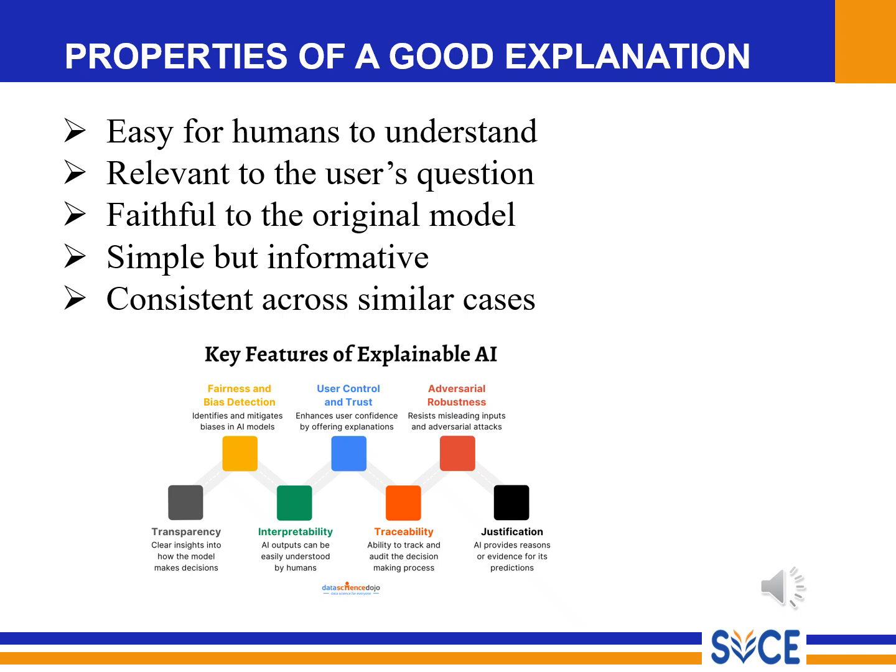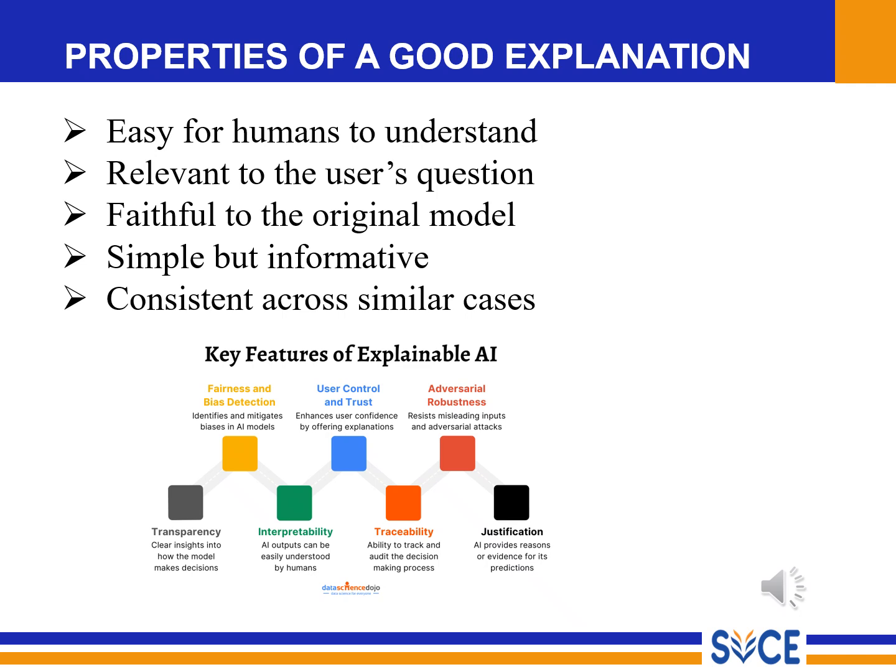It should be faithful to the original model, which means it should accurately represent the model behavior. It should be simple but informative, providing enough detail without overwhelming the user. And it should also be consistent, which means similar inputs should produce similar explanations.